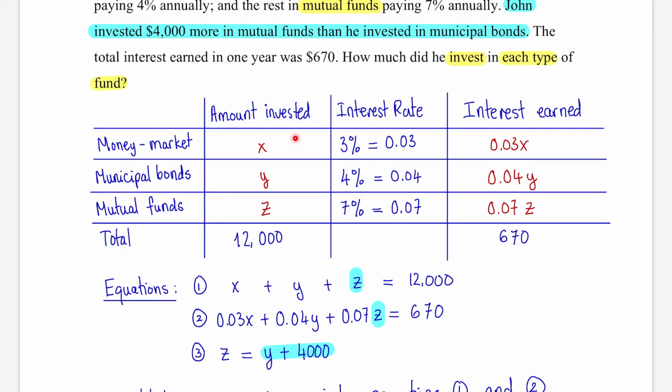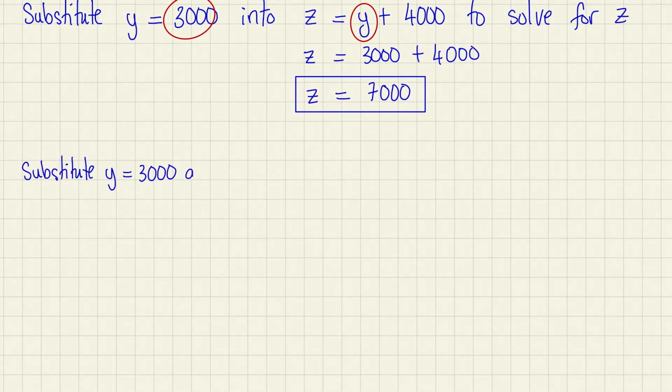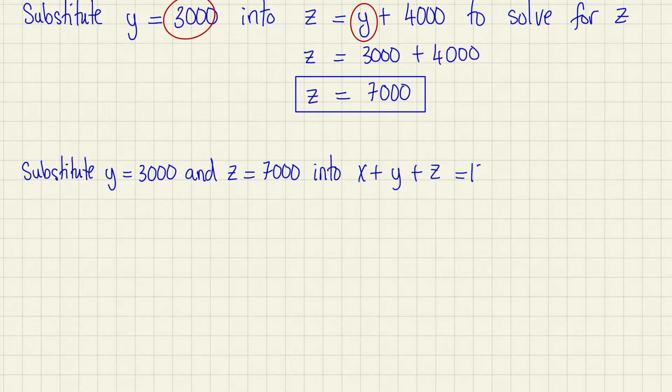How much did he invest in the money market fund? I will use the first equation, x plus y plus z equals 12,000, to solve for x. I will substitute $3,000 in for y and $7,000 in for z.